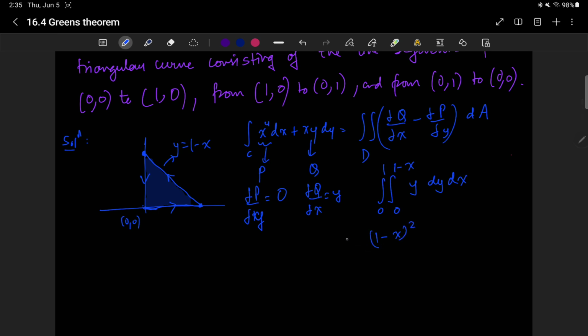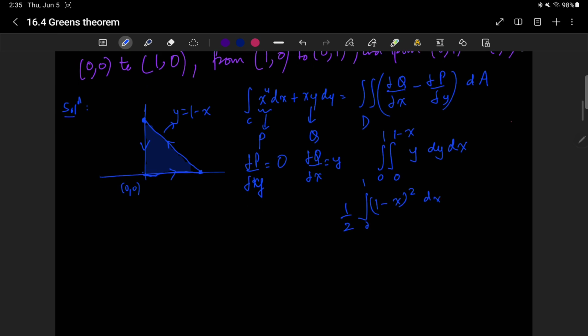One half of 1 minus x squared, from 0 to 1 dx, which then becomes 1/2 times 1 minus x cubed divided by -3 from 0 to 1, so -1/6. Plugging in 1 gives you 0, and 0 minus 1 cubed, negatives cancel out, and you get a positive 1/6.